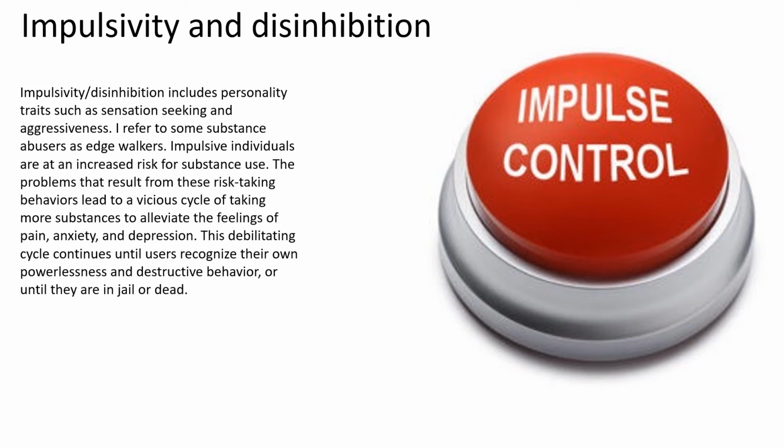The problems that result from these risk-taking behaviors lead to a vicious cycle of taking more substances to alleviate the feelings of pain, anxiety, and depression. This debilitating cycle continues until users recognize their own powerlessness and destructive behavior, or until they end up in jail or dead.